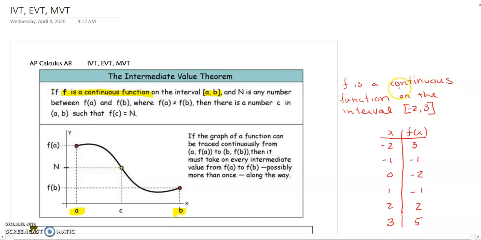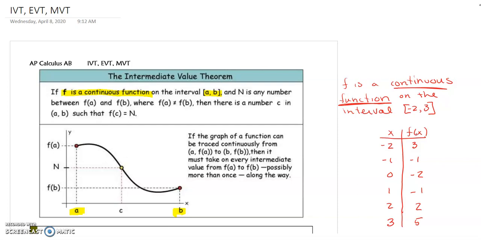The key here is it must say continuous. If not, we cannot make the assumption that the function is continuous, especially when we have a table or tabular information. And so I'm telling you it's continuous from -2 to 3, and something I can ask is, what is the least number of zeros f of x can have? Justify your answer.